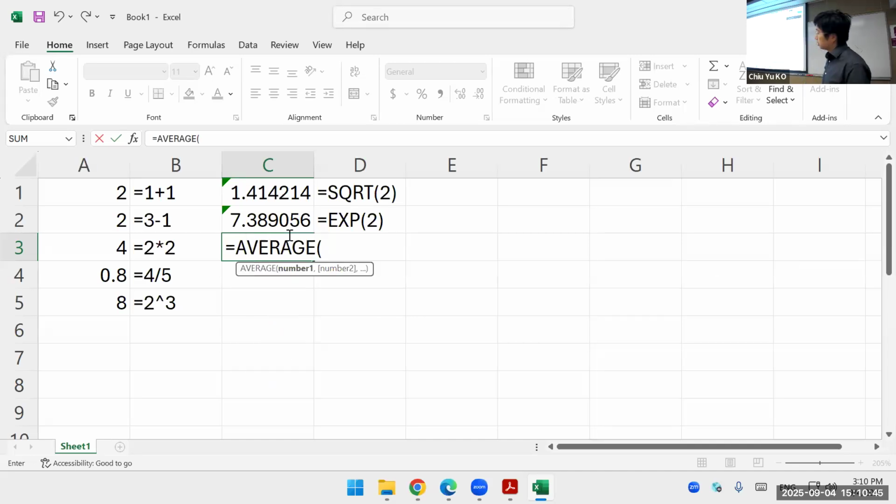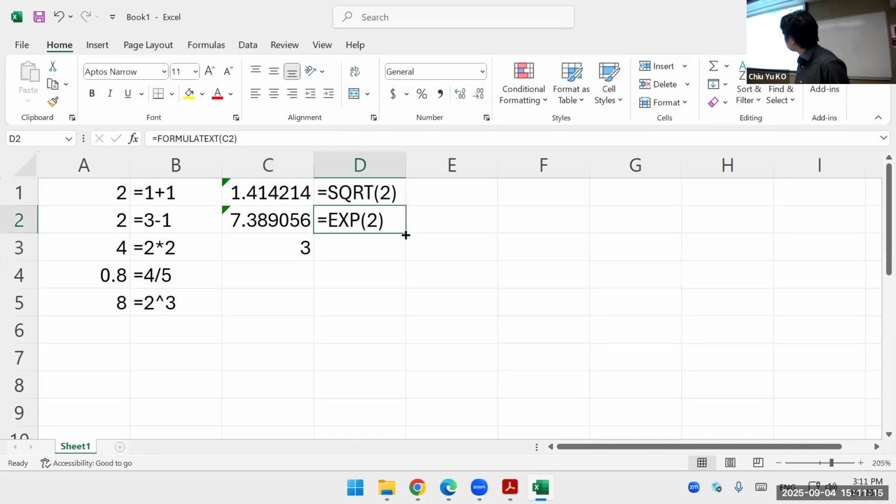If you want to input the data, you use the curly bracket: 1, 2, 3, 4, 5, close curly bracket like this. The curly bracket tells Excel these are all the data. Of course, sometimes you can omit the curly bracket and it still works, but it's not the formal way to write it. Sometimes you have problems, so this is the correct way to do it.